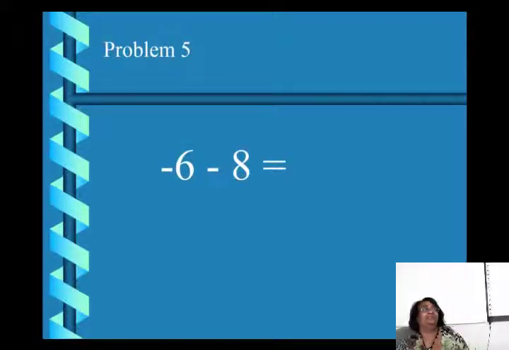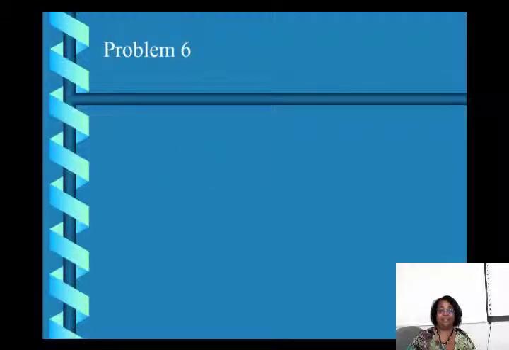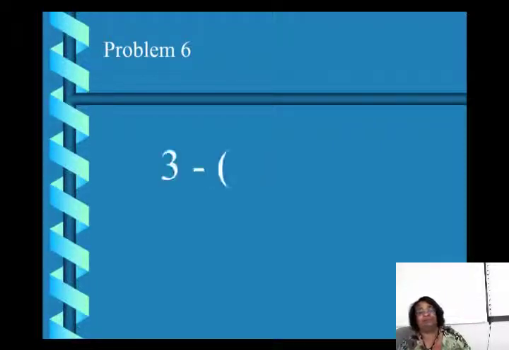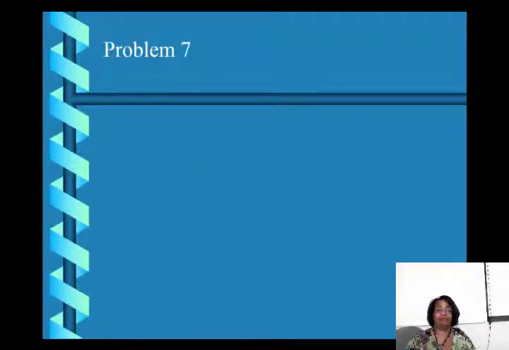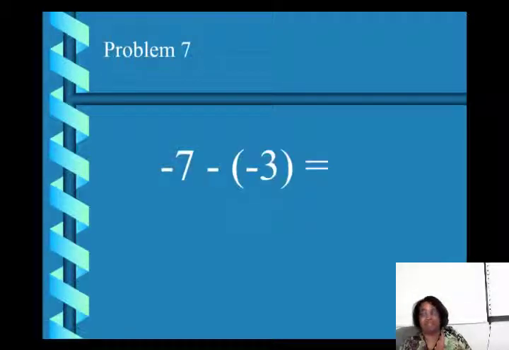What is it? Negative 14. Absolutely, -14. What is it? Positive 12. Correct. Positive 12. What is it? Positive 4. I mean negative 4.